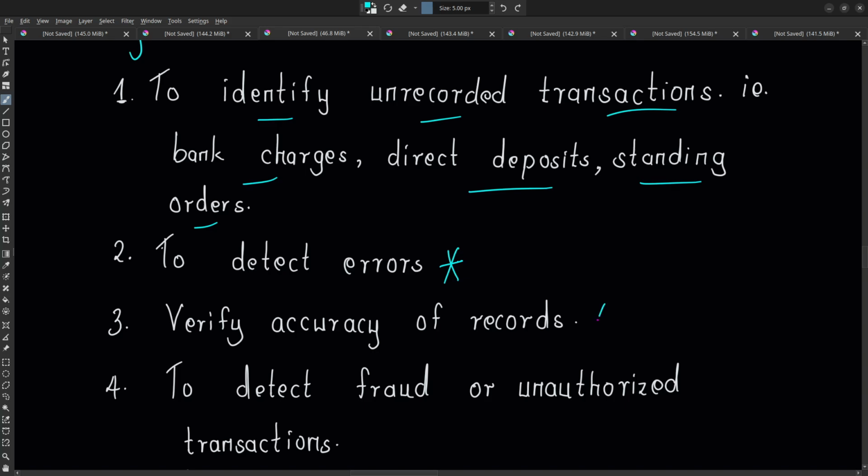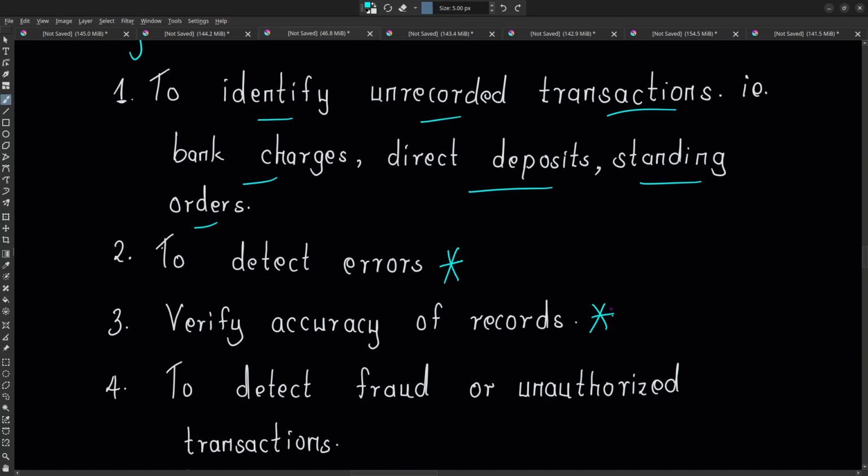Okay, so a bank reconciliation is able to detect these errors. The other thing is also to verify the accuracy of the records. You know, some people could be malicious. They could start making transactions in a bank. They could start stealing from a business, and when you pull the bank statement, you should be able to understand all the transactions happening in the bank, because you have recorded them in your cash book as well.